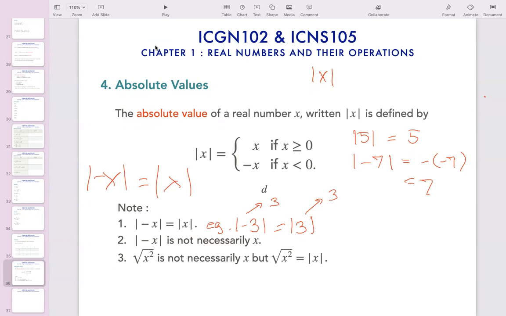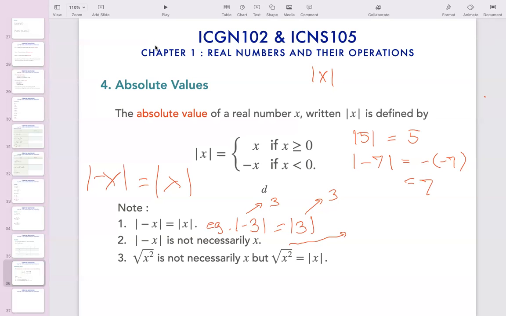Now let's move on to note number 2. In note number 2, the absolute of negative x is not necessarily equal to x. What does it mean? Assume that x is 3.